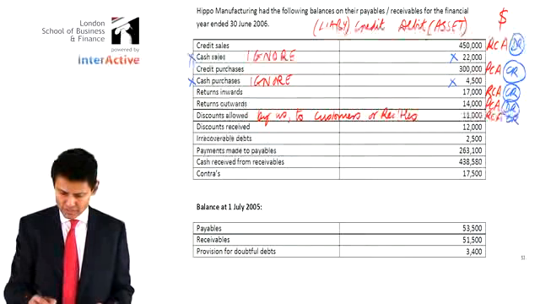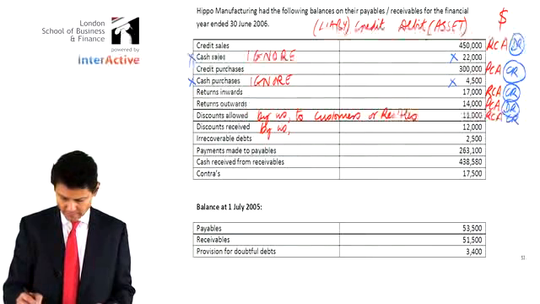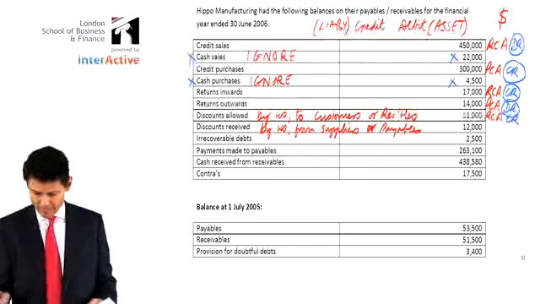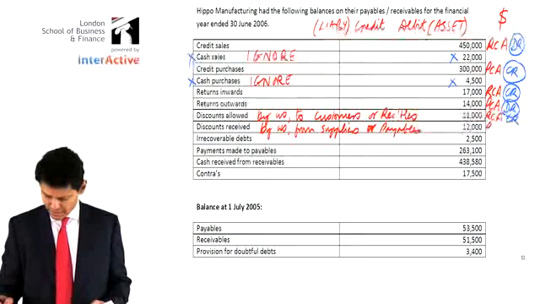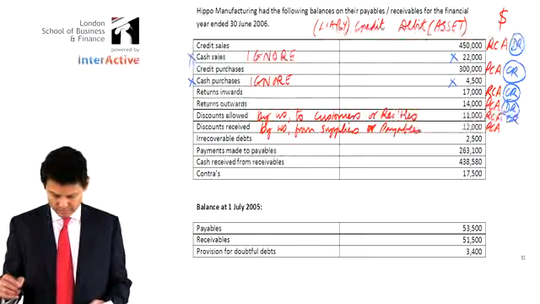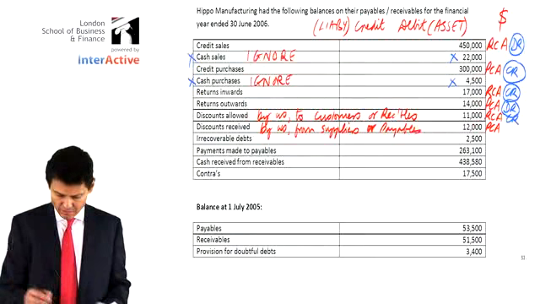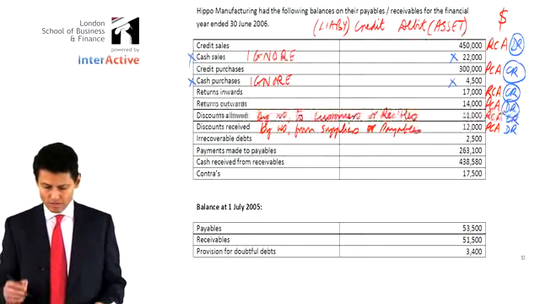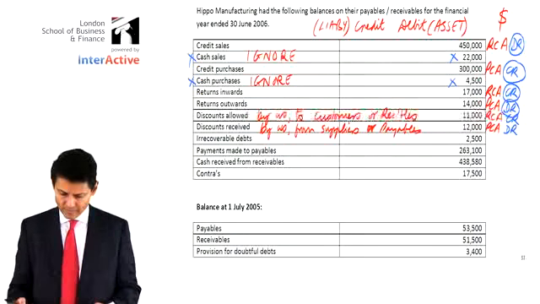Then you have discounts received, presumably by us, from suppliers or payables, and that should be a purchase type item or payables control, and that should be a debit item. And so it goes on. Let's try another one.